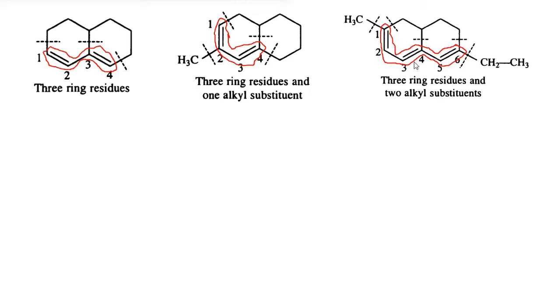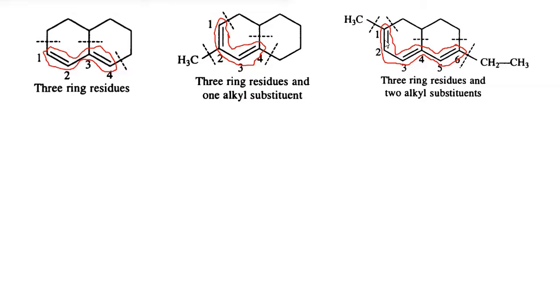We take the homoannular diene system as our basic system because the lambda max of a homoannular diene system, which exists as a cisoid system, is greater than the lambda max of a transoid system, that is, the heteroannular diene. The transoid system absorbs a lesser wavelength compared to the cisoid system in homoannular diene.